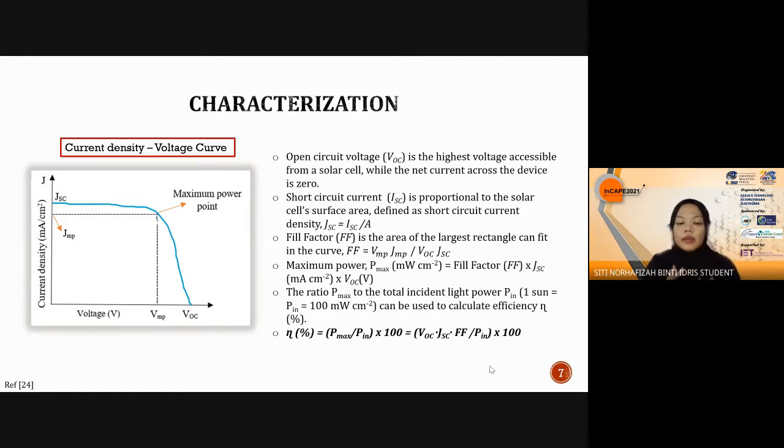It will be obtained by the current density voltage curve, and from the curve, the essential terms are examined, such as open circuit voltage VOC, short circuit current density JSC, maximum power, and also efficiency, where it is calculated using the ratio of maximum power to the total incident light power Pin.